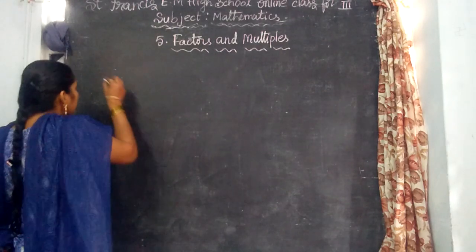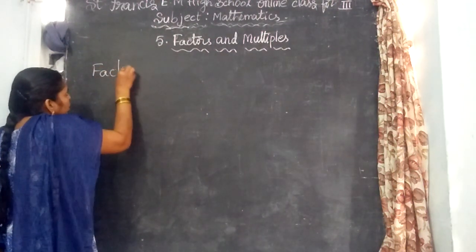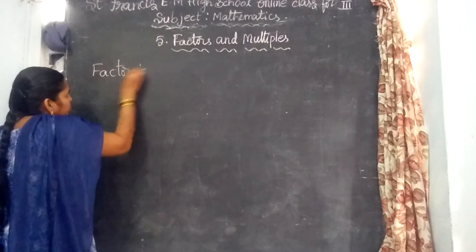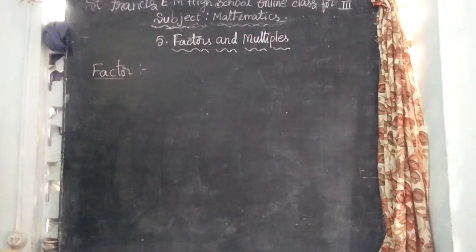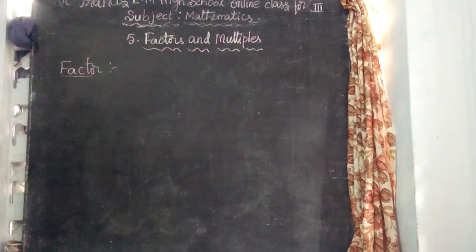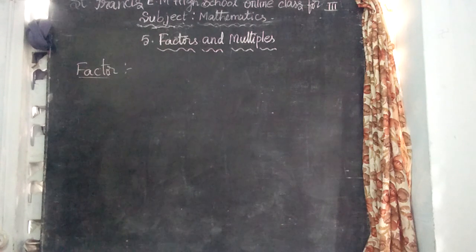Today, I am giving revision in factors and multiples. What is a factor? First term is factor. You write the number as a product of two numbers. We have to think of all the possible combinations.